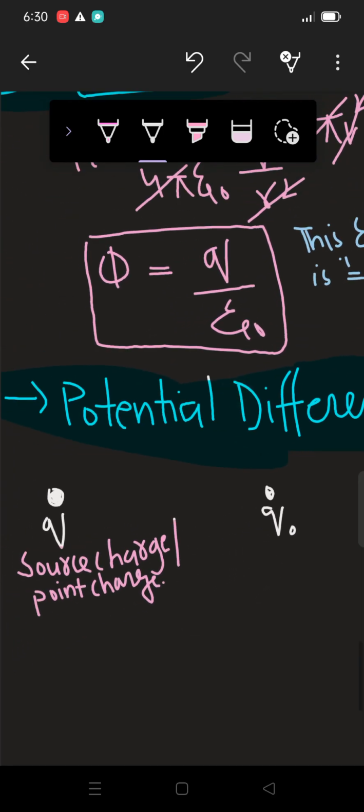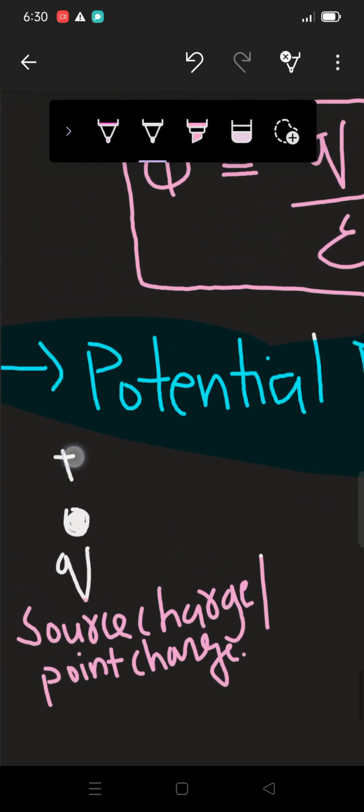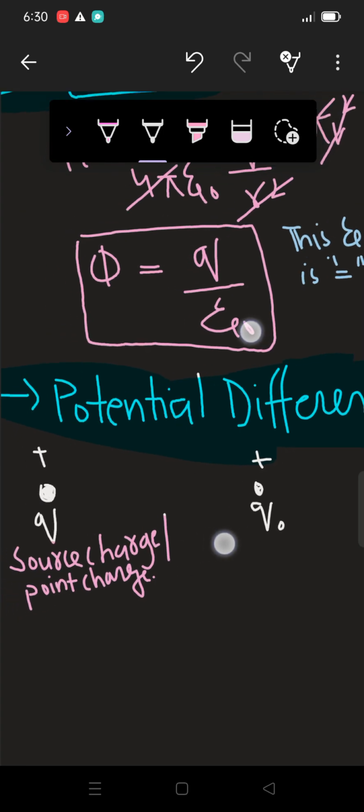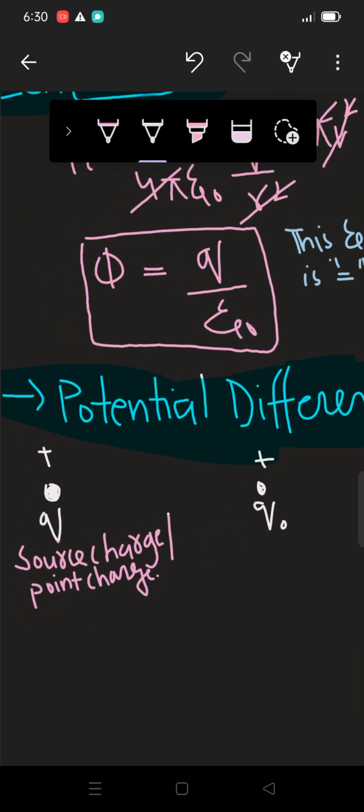Alright, so now I have to take this charge, suppose this is a positive charge and this is a positive charge too. Now I know that if I bring this charge here, this charge will put more repulsion on it. It will not take this inside.